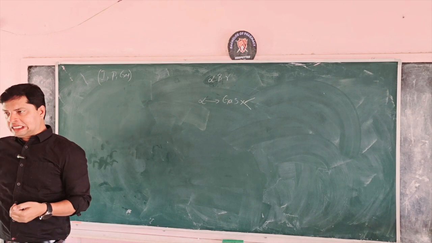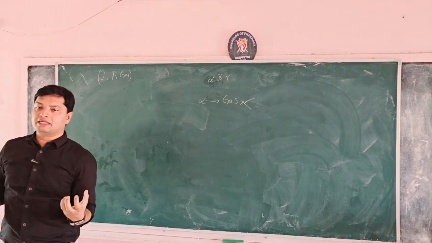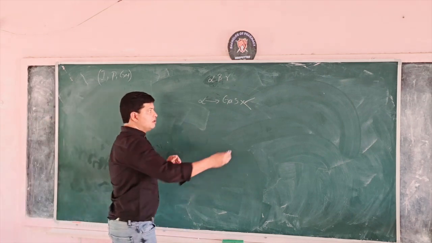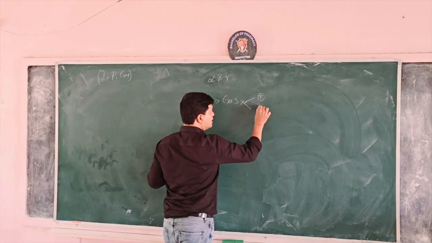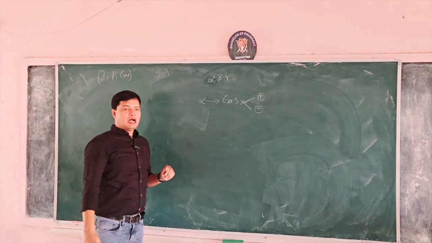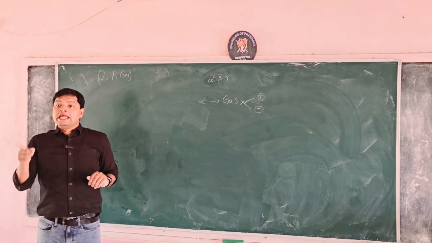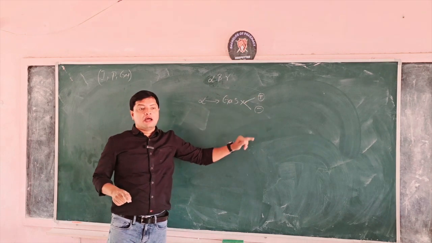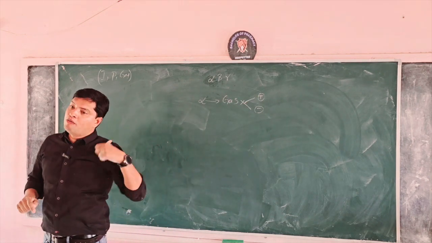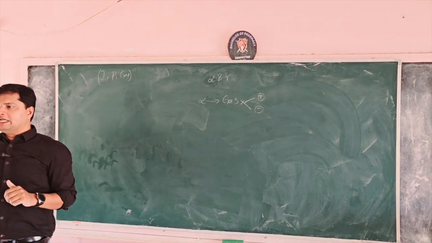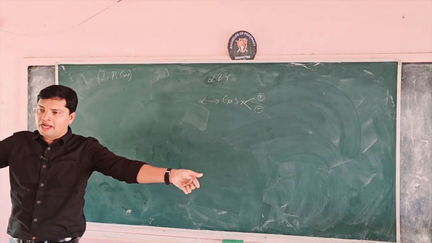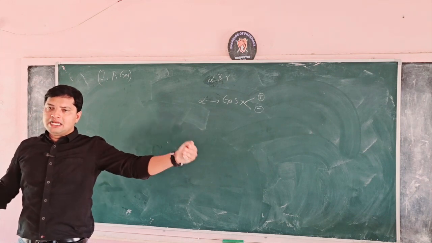We get ions, positive or negative. If I can measure any one of these ions, then I can measure how much radiation is there, because ionization depends on radiation. More radiation, more ionization. Less radiation, less ionization.